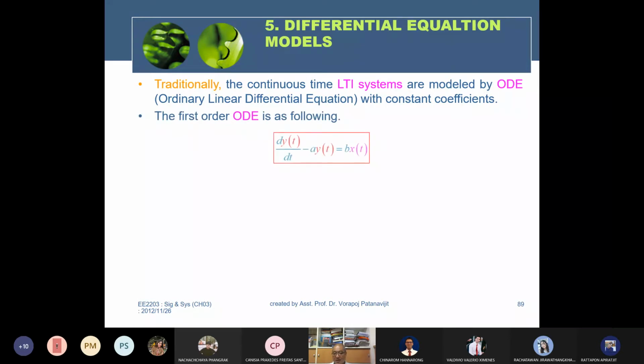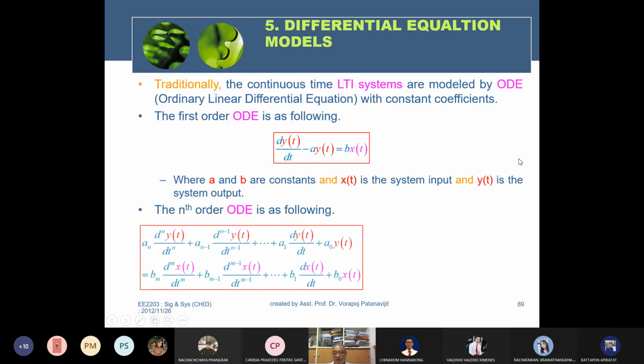The first order ODE is as follows. The order of the differential equation depends on the maximum differentiation of y, where y is the output and x is the input. a and b are only constant values.